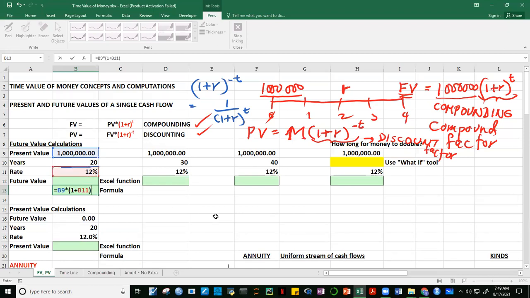And how do you do an exponent in Excel? Okay, thank you. That's a caret, so that's shift 6, for some of your PCs, and then 20 there.